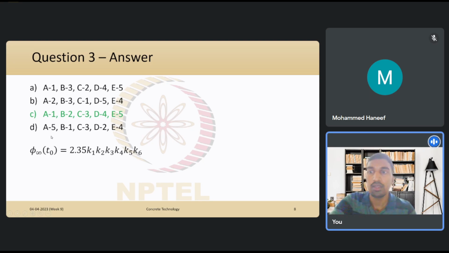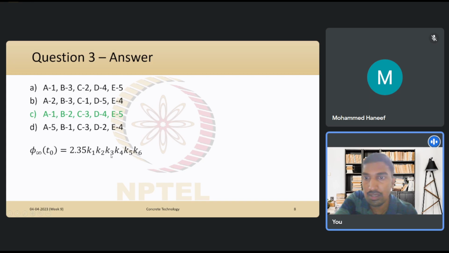When the concrete is loaded at a time t0, as we saw in the previous question, this is the age at which the loading is applied. If we apply it at t0 and then leave it for a long period of time, to infinity, what will be the creep coefficient at that point? That is the ultimate creep coefficient.